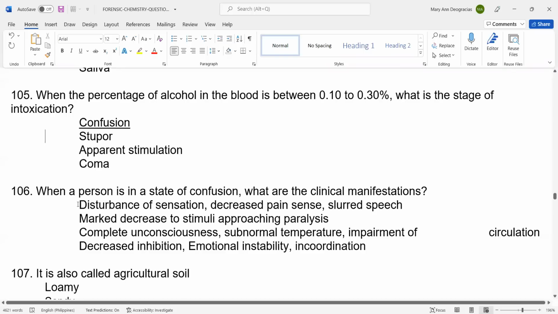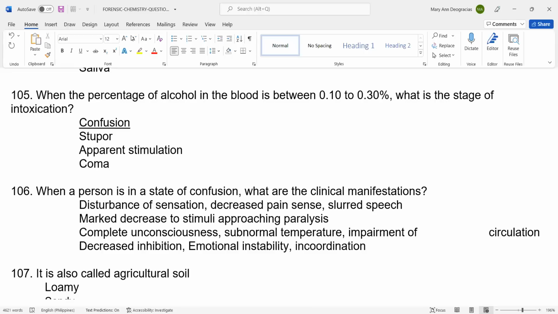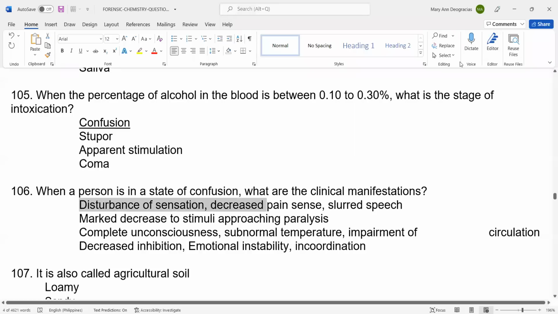O hindi, pagpipilian nyo lang is letter A and letter D. Anong sagot? Is it letter A or letter D? A. Okay? A ang sagot. Kasi ito, decrease inhibition, apparent stimulation yan. So, pag apparent stimulation, letter D. Okay? So, your answer here, state of confusion is disturbance of sensation, slurred speech.